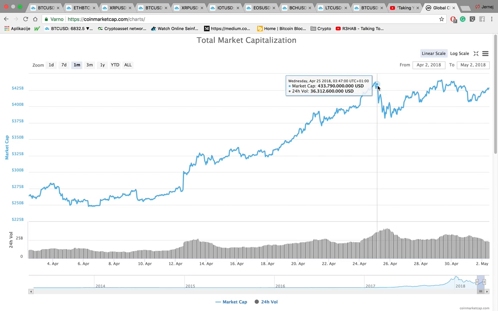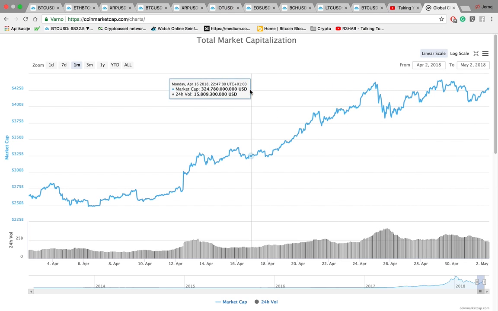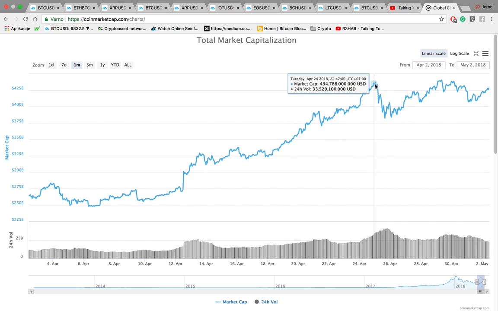Of course, I have to repeat that this is not an exact science, especially if you're looking at total cap, because this is not one specific coin that everybody is looking at, but this is just to give you an idea. So that's one. So what does that mean?